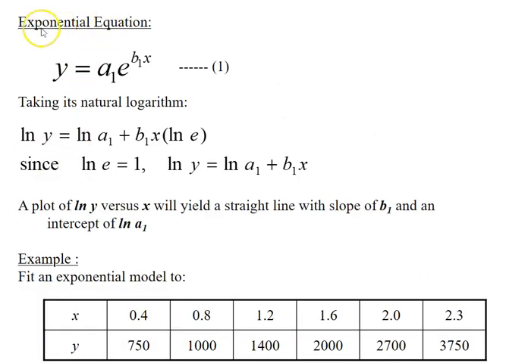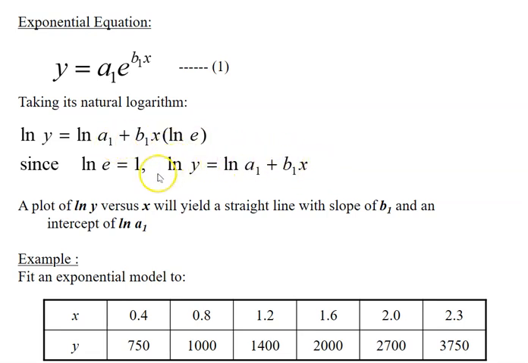Okay, so let's look at the first model, the exponential equation. This is the general formula for the exponential equation: y equals a1 e to the power b1 x. By taking the natural log of both sides, we reach ln y equals ln a1 plus b1 x. We bring in ln e, and as you know, ln e equals 1. So this leaves us with ln y equals ln a1 plus b1 x.